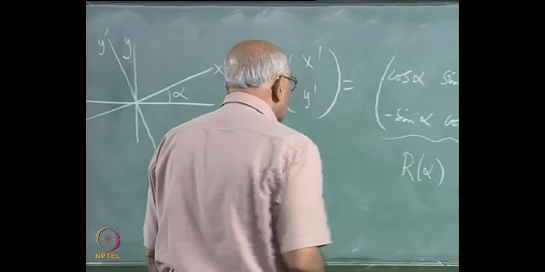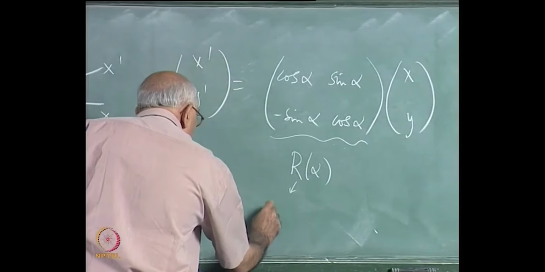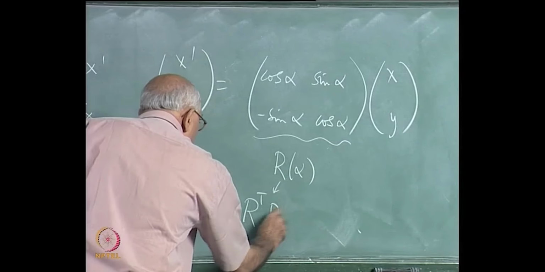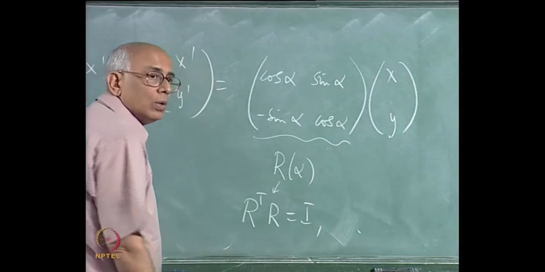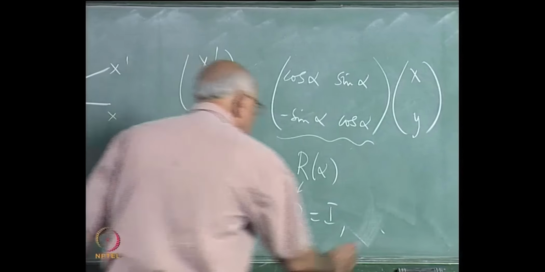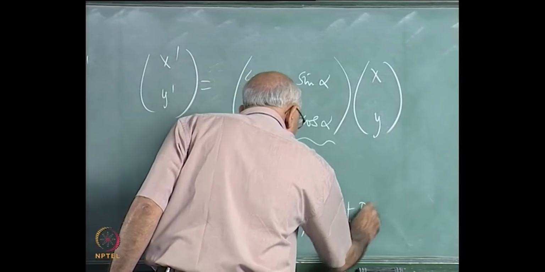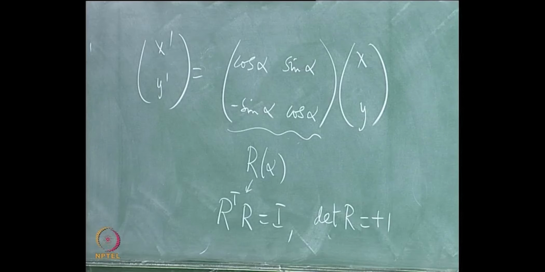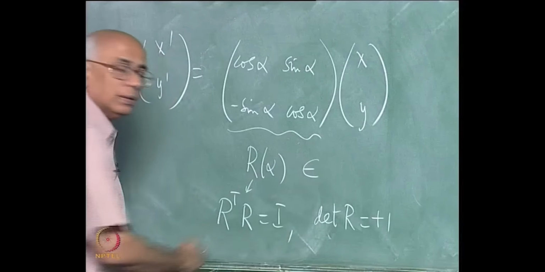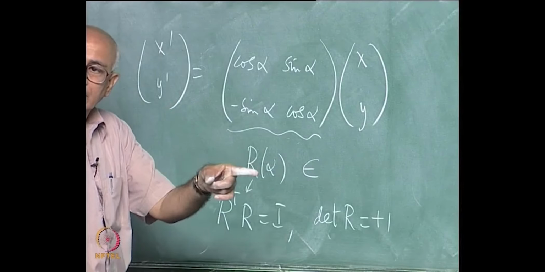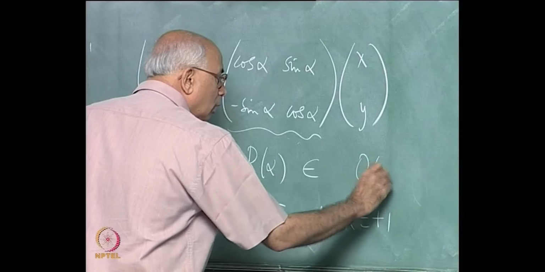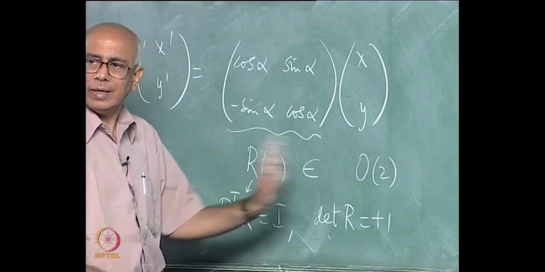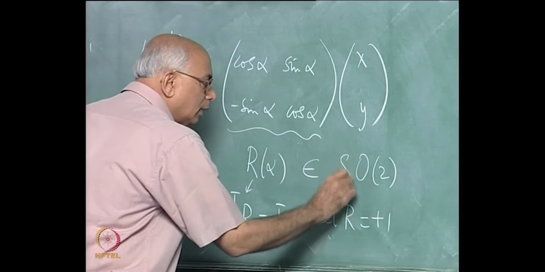So this means that this matrix R satisfies R transpose R equal to I, it is orthogonal which keeps distances unchanged, and the determinant of R is equal to +1. Therefore this R of alpha is an element of a group of orthogonal 2 by 2 matrices with real entries in this case and with determinant +1.